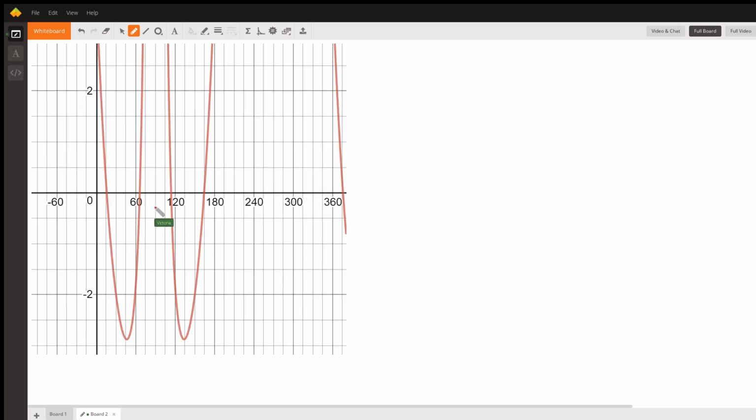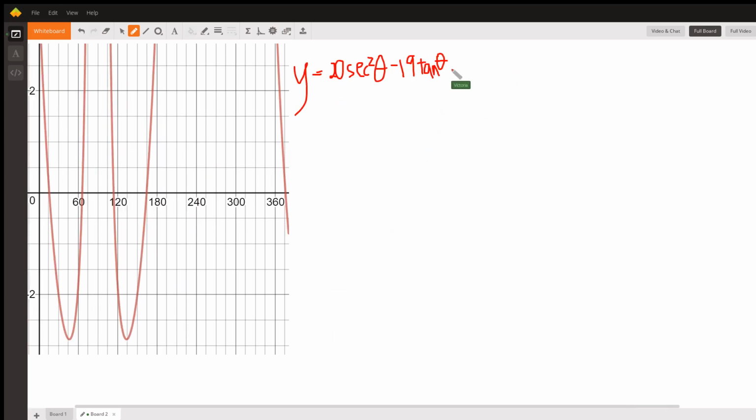Now, take a look. This is a graph of the original question, only setting y equal to 20 secant squared theta minus 19 tangent theta secant theta minus 16.